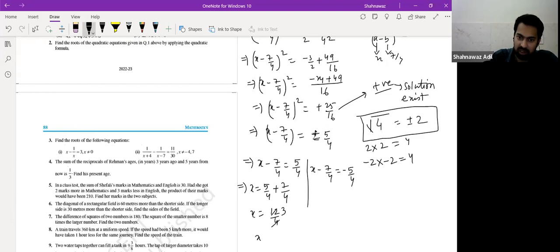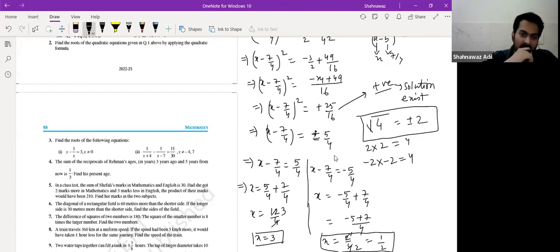So one solution is x is 3. The other solution is x is minus 5 by 4 plus 7 by 4. So this is minus 5 plus 7 by 4, which is 2 by 4, which means half. So x is half. Two solutions we got.